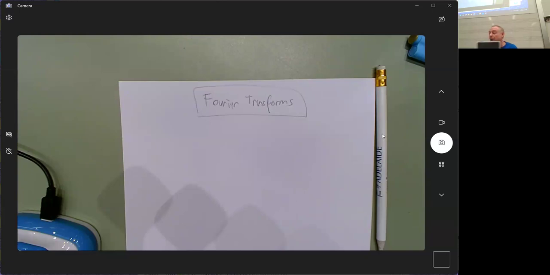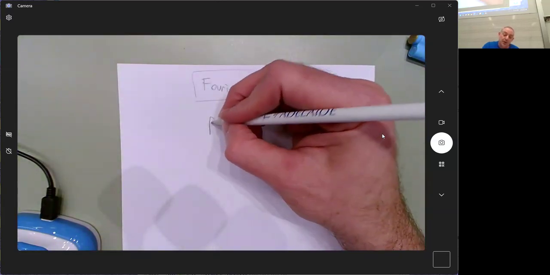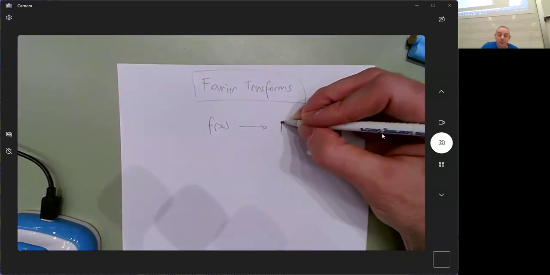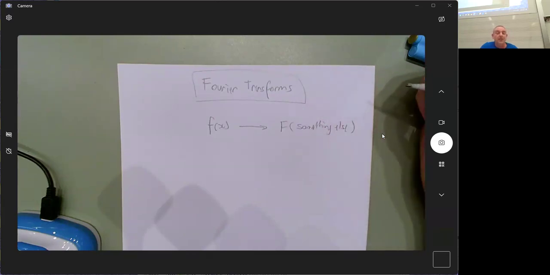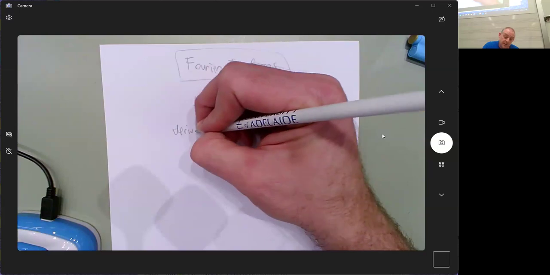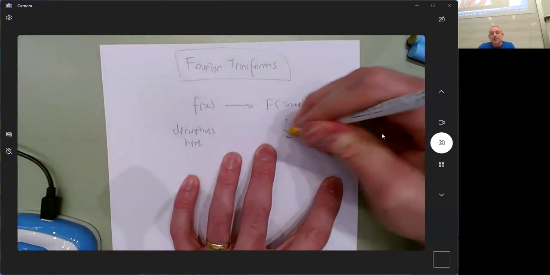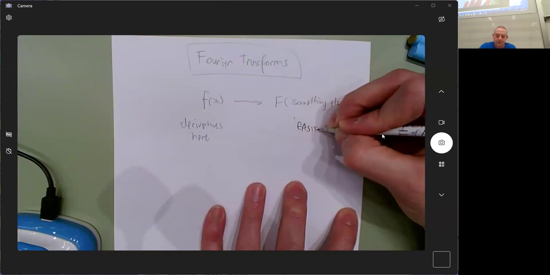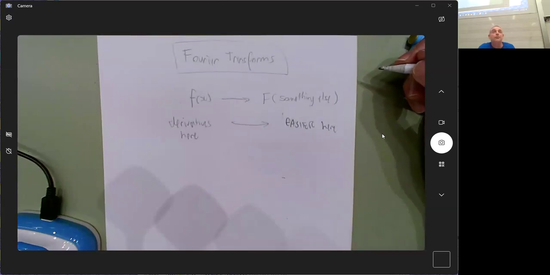The point of transforms is basically to create a thing that will turn your function into a function of something else in such a way that derivatives here are something easier than derivatives here. That's my understanding of what they're for.